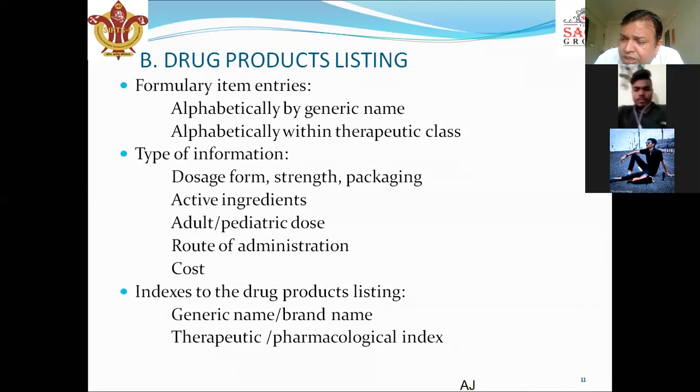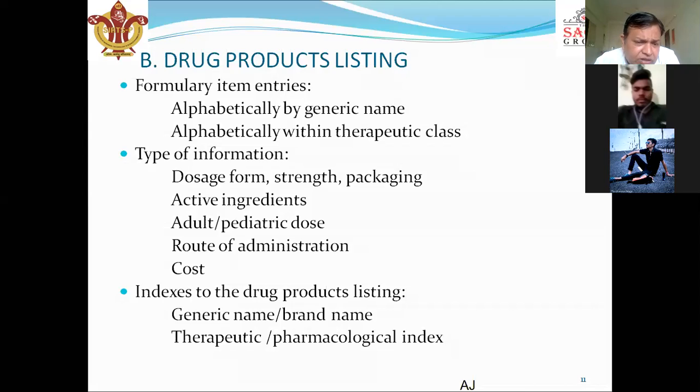As you have seen in your pharmacognosy book, classification is available based on chemical classification, morphological classification, and therapeutic use.